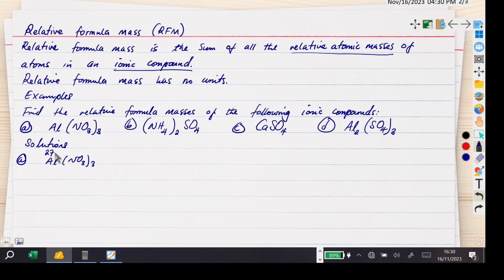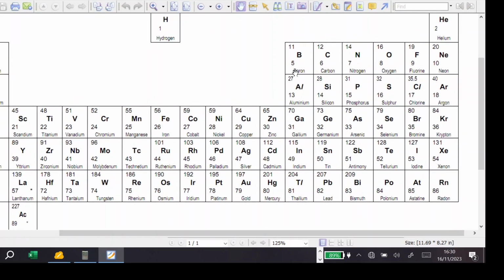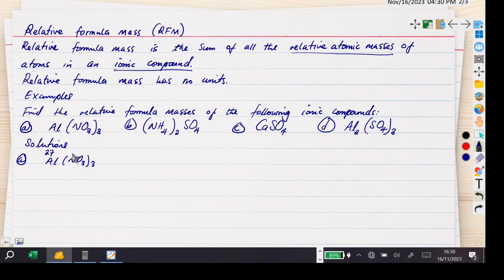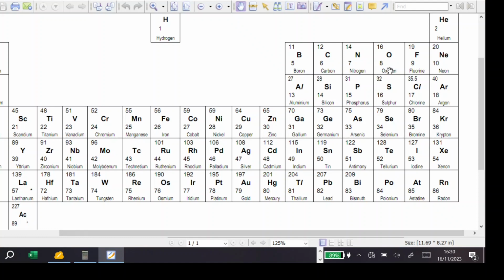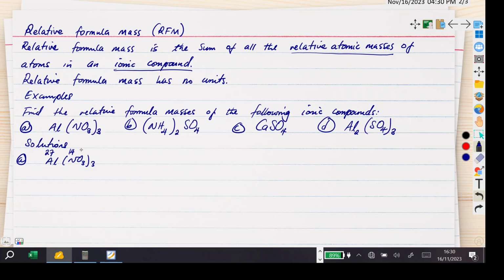Also for nitrogen, you see that nitrogen is here, and its relative atomic mass is 14. You also come to oxygen. The symbol is O. Its relative atomic mass is 16.